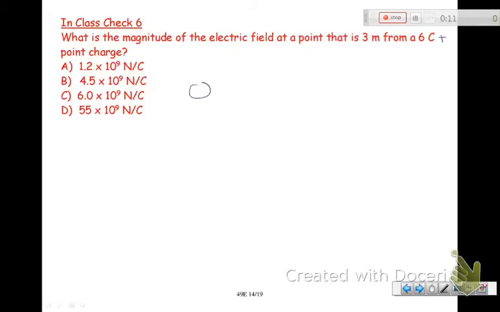So I have my 6 positive charge. I don't bother with the coulombs. Just 6 positive, 3 meters away. And this is my point of interest. And I don't want the force, I want the electric field, E. So what do I know?